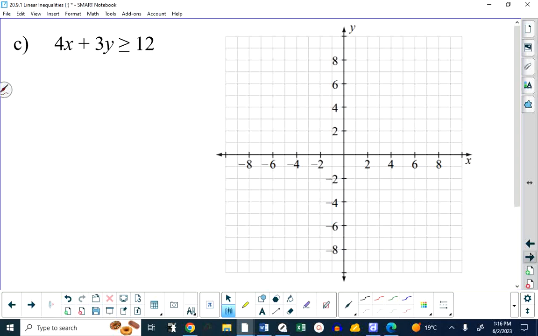Let's try one more. I'm going to leave the inequality symbol in here this time. Divide everything by 3.